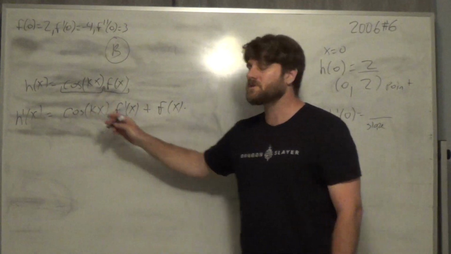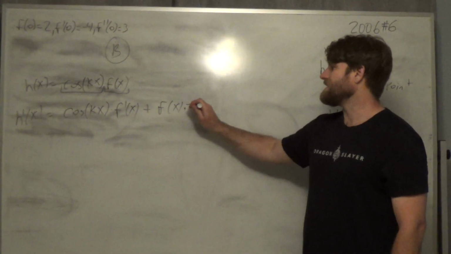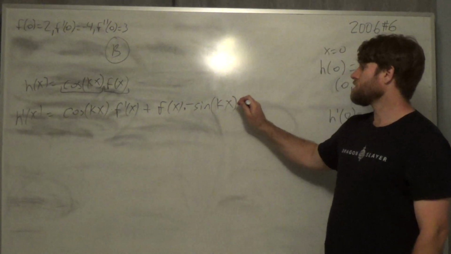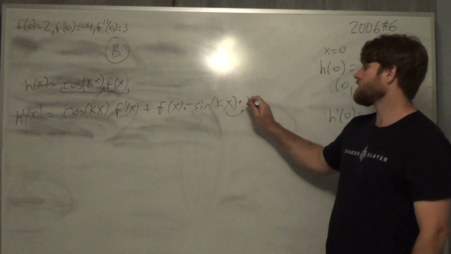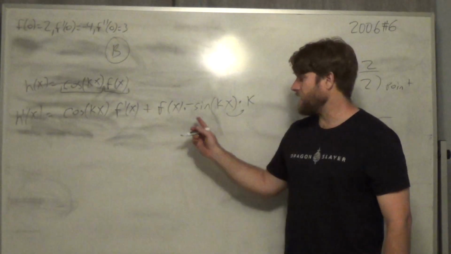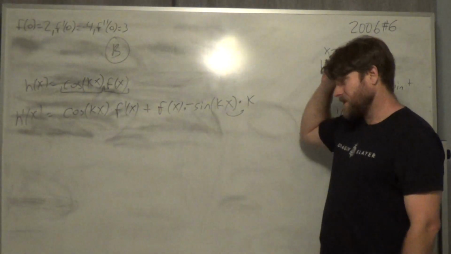The derivative of cosine u is negative sine u times chain, and our chain there is a k. And this is what we get.